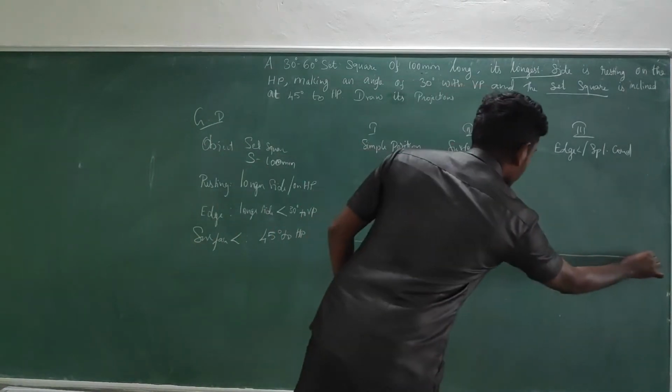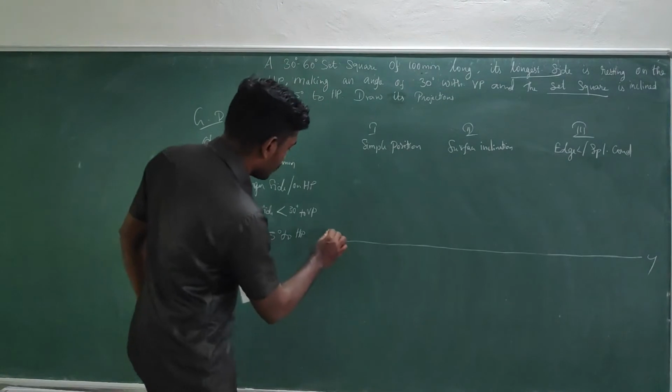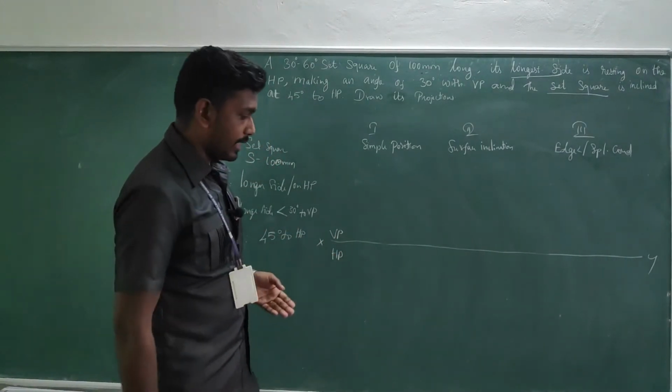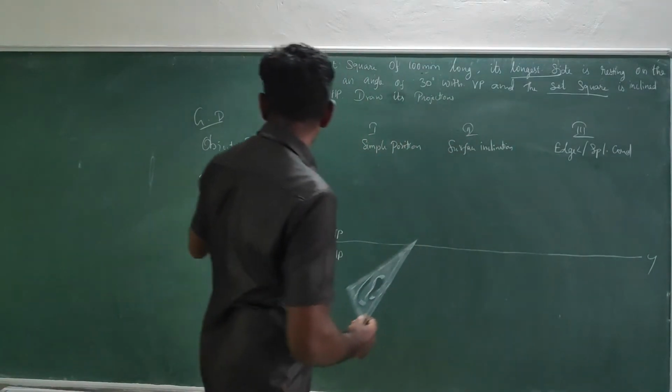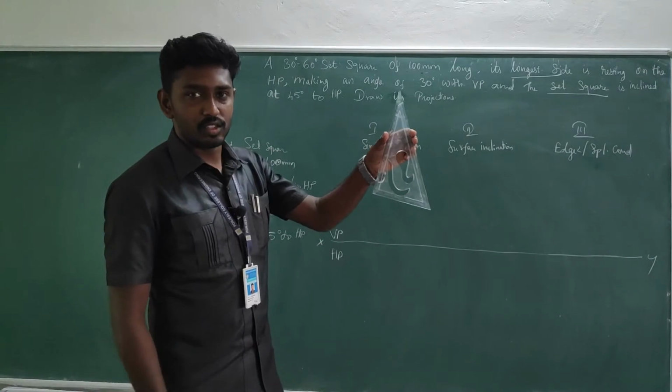So always we used to take in the first angle projection. This is how the plane will be placed, right? So here the object is a set square. So see, this is the set square.